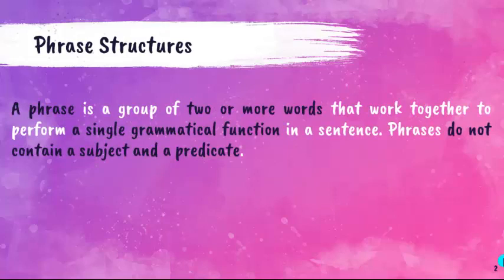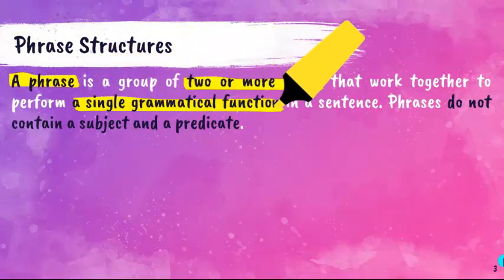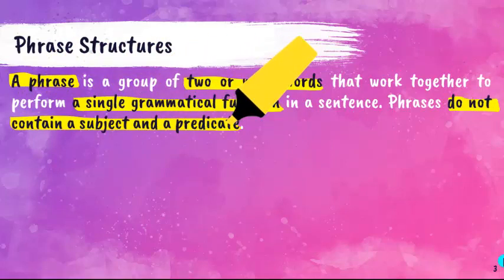To review the definition of a phrase, it is a group of two or more words that perform a single grammatical function. What's special about a phrase is that it doesn't have a subject and a predicate, because if there is a subject and predicate, we would call it a sentence or clause.